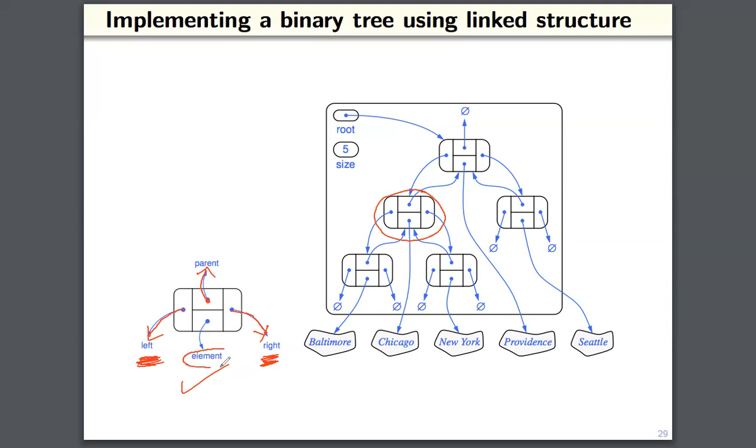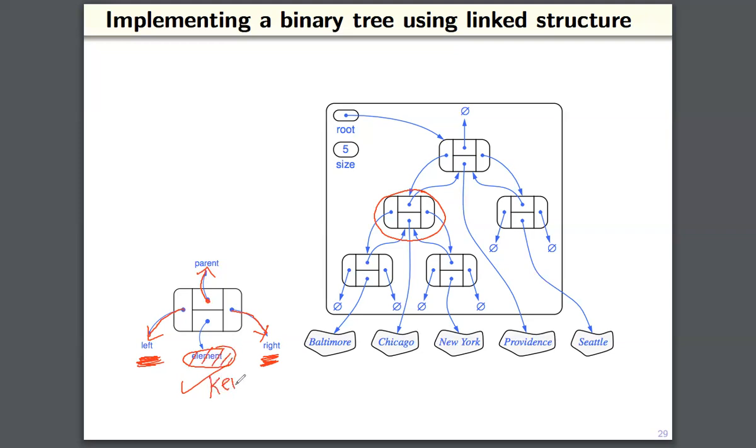Okay, what about this one? This is the key. This is the element. This element need not be one number. It can be a record. There is a key, or there can be a key value pair, and that value itself can be a huge record. All that goes here, element.